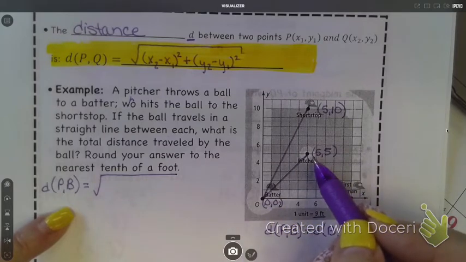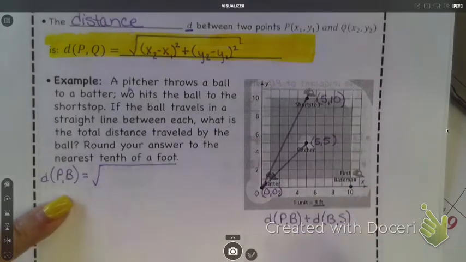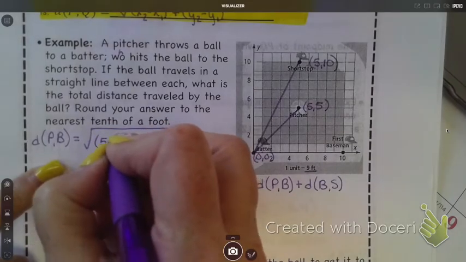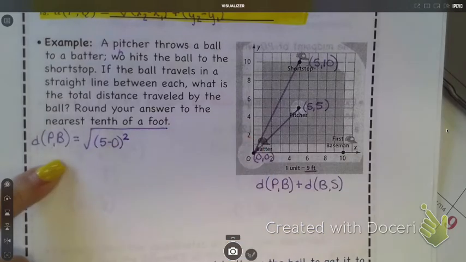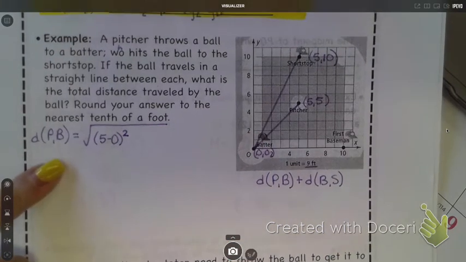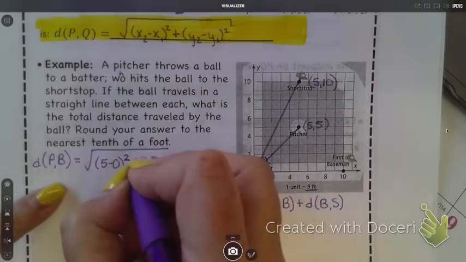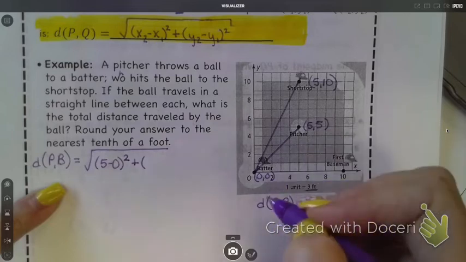So we want to do 5 minus 0 or 0 minus 5. 5 minus 0. Okay? So parenthesis 5 minus 0, quantity squared. You subtract first, then square. Plus, if we did 5 and 0, we have to do 5 minus 0 again.